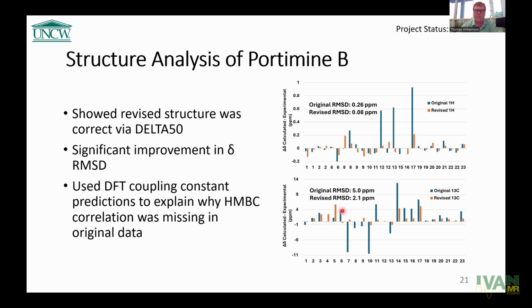So that added a lot of credence to the revised structure. And so now we finally had a good set of evidence in support of that revised structure. And we still had the three sets of data that were posed against the new structure.